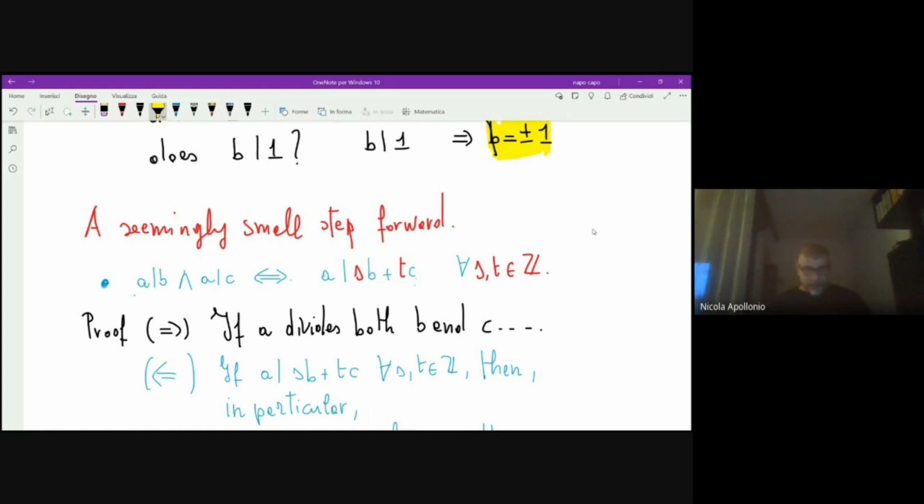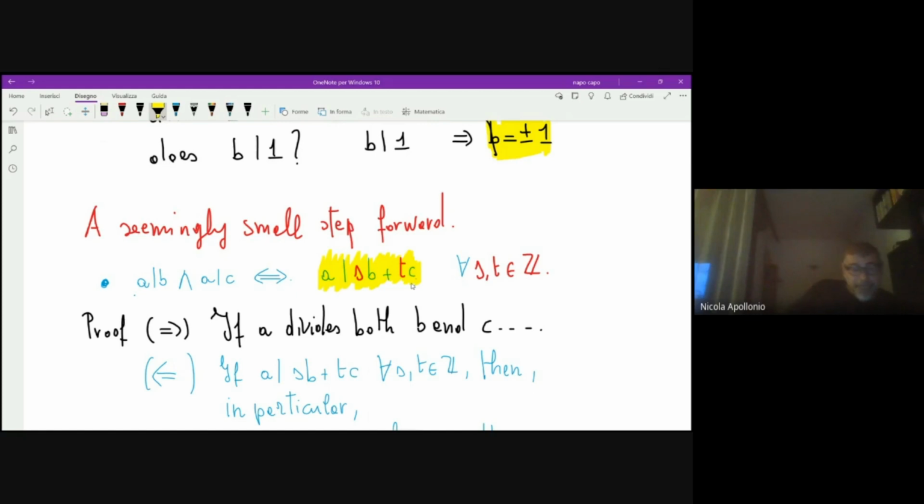So suppose, for the moment, that A divides B and A divides C. In this case, we say that A is a common divisor of B and C. This is seemingly trivial, and of course it is, but it's very, very important.